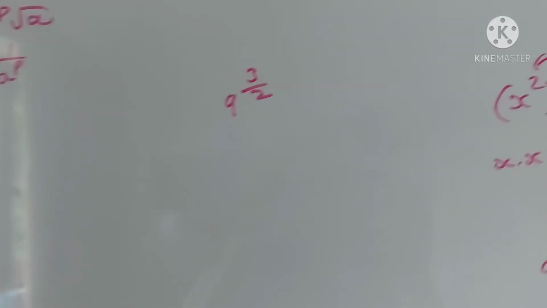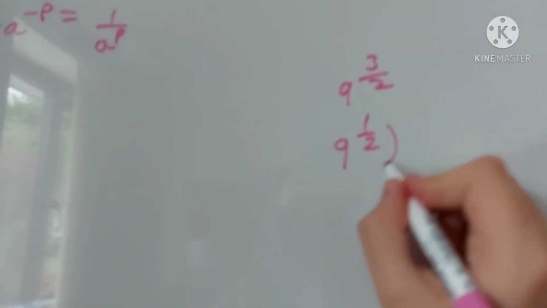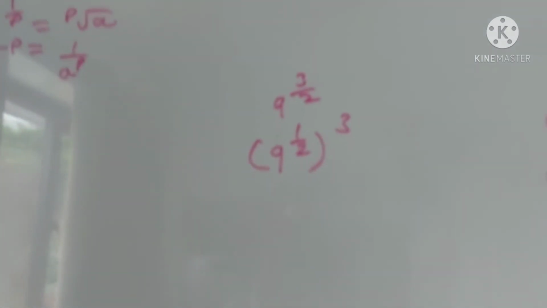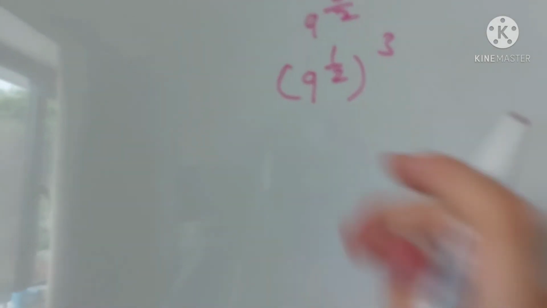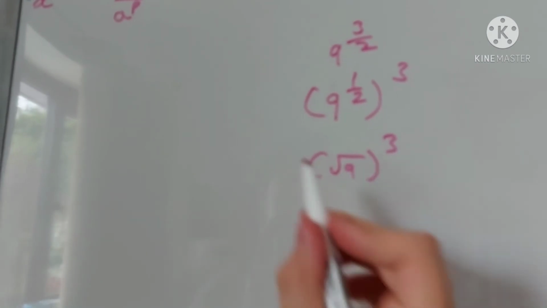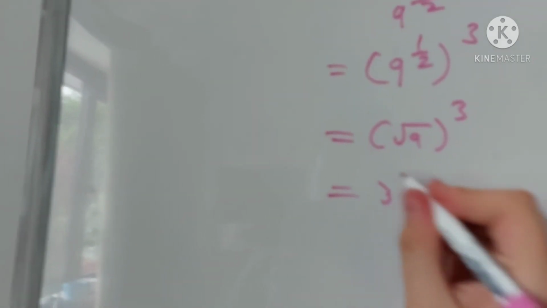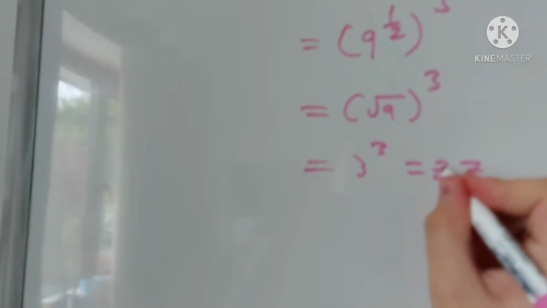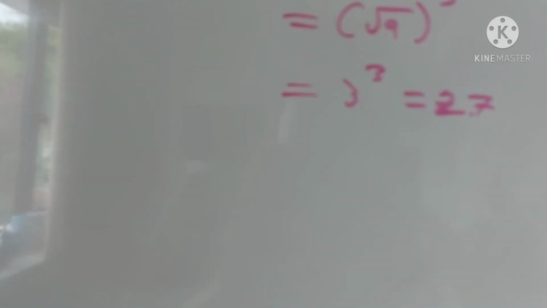Well, the way that I would deal with that is by saying this is the same as 9 to the half cubed, because a half times a 3 is 3 halves. Well, 9 to the half is the same as the square root of 9, cubed. Square root of 9 is 3, so I've got left 3 cubed, which is 27. Check that on a calculator if you really want to, but you should know your squares and cubes by now.